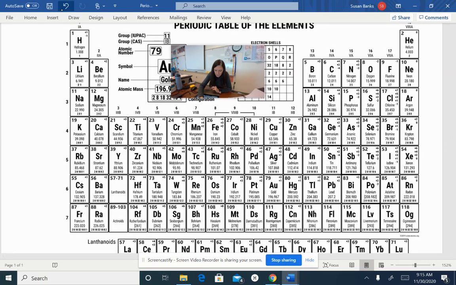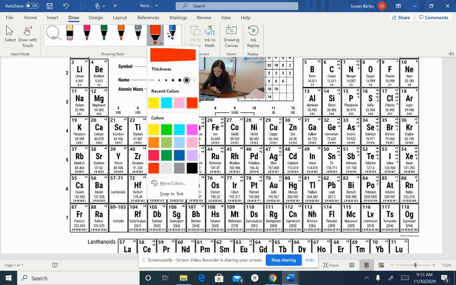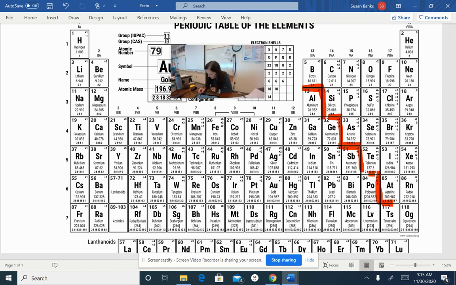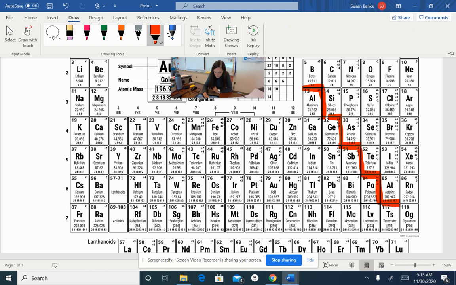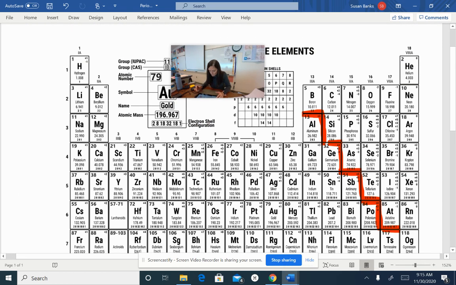Let's put in our metal line once again. We want to keep this metal line going. So let's put in our charges right here.